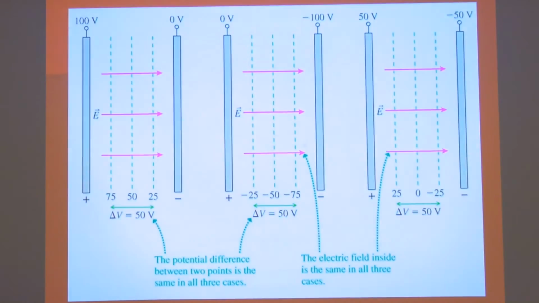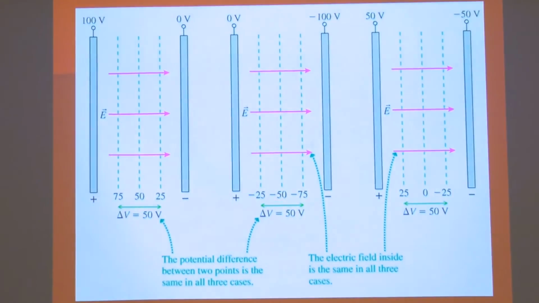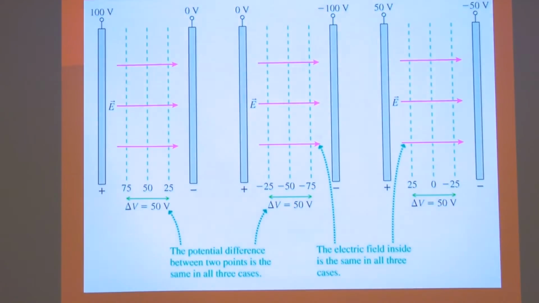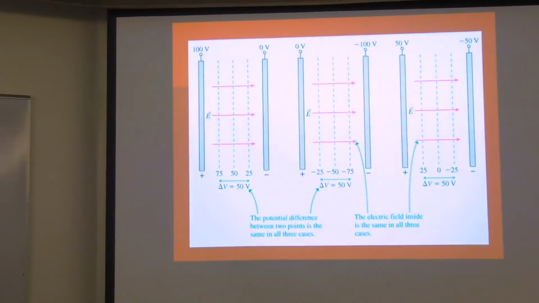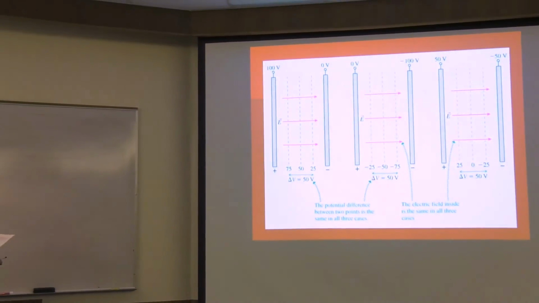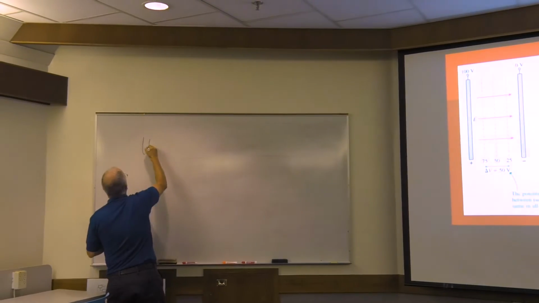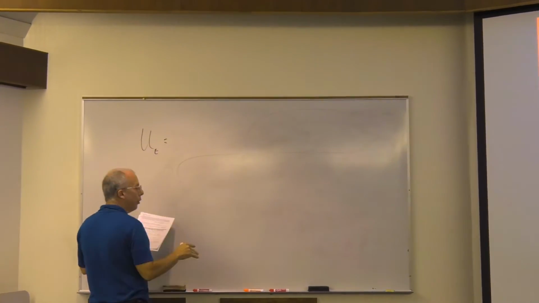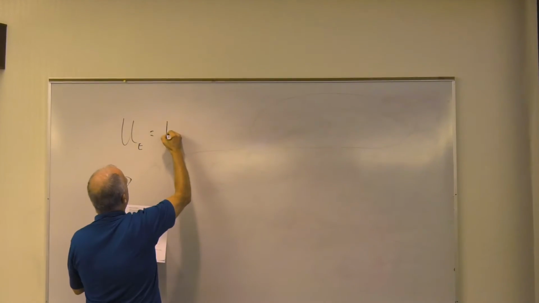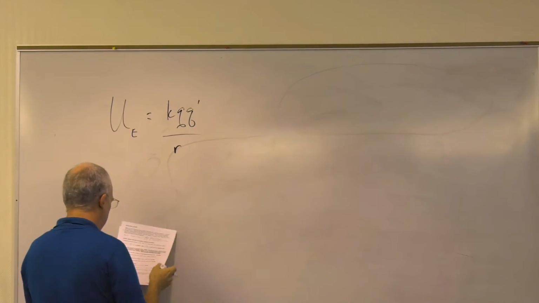Oh, sorry. So let's figure out the voltage, or the V field, of a single point charge. You remember when we did E fields, the point charge was incredibly important. So we want to do the same thing for a potential. Earlier we learned that U_E for 2 point charges was kQQ' over r.